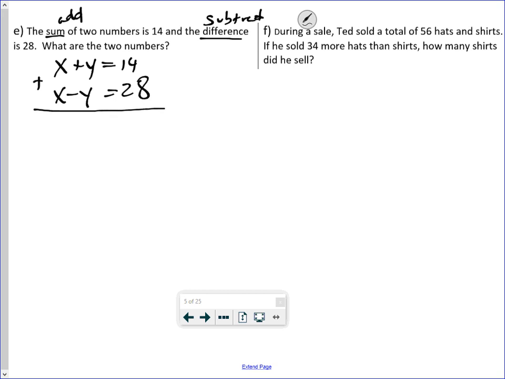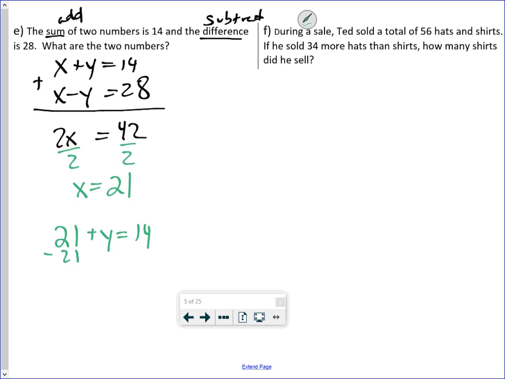So I will use elimination, and I'll get 2x equals 42. Divide both sides by 2, and I'll get x equals 21. And 21 plus y equals 14. So I subtract 21 from both sides, and I'll get y equals negative 7. So my two numbers are 21 and negative 7.